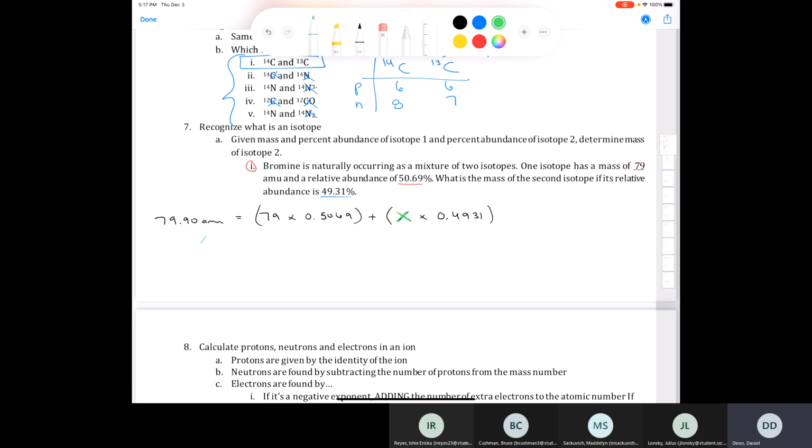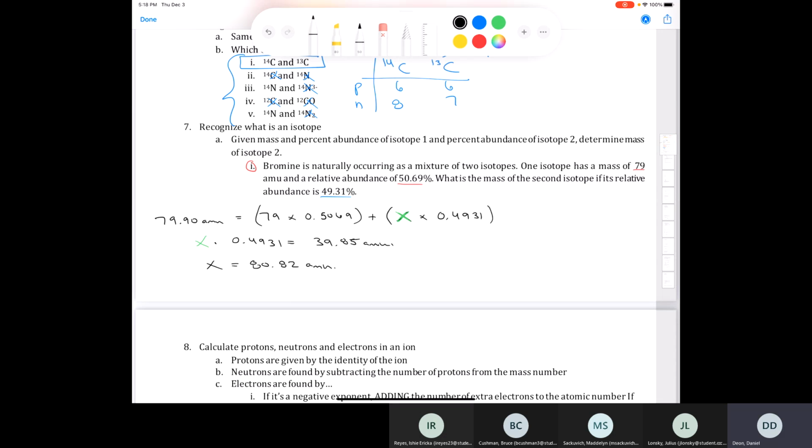And we get X times 0.4931 is equal to 39.85 atomic mass units. And so you get that X is equal to 80.82 AMU, which makes sense.